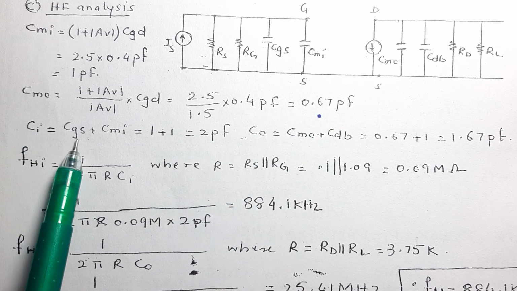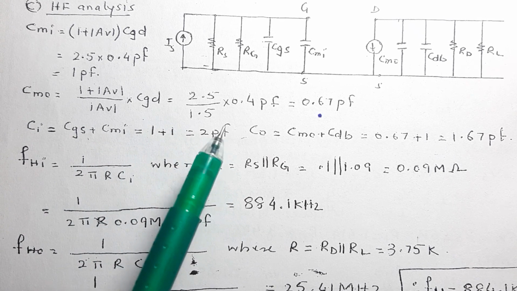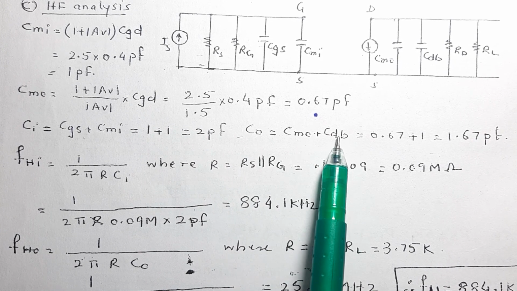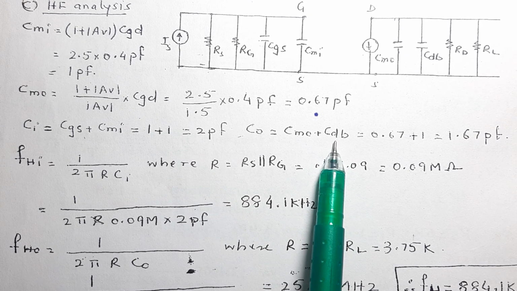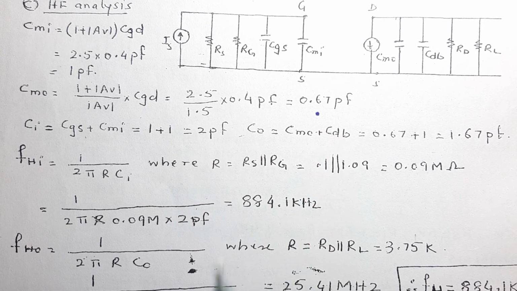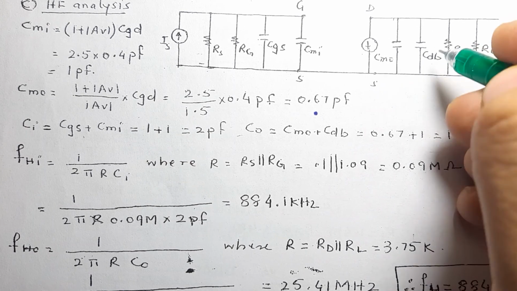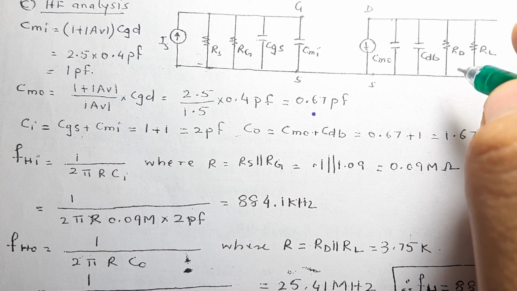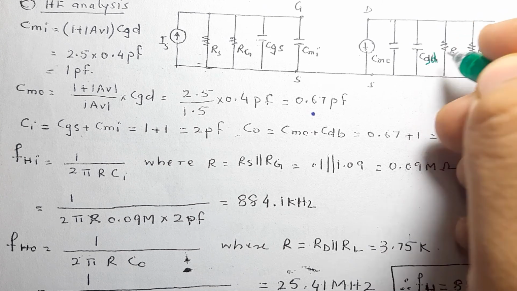Now your CI is given as CGS plus CMI, which is equal to 1 plus 1, which is equal to 2 picofarad. Your CO is given as CMO, that is the output Miller capacitance, plus the one present at the output, which is CGD.